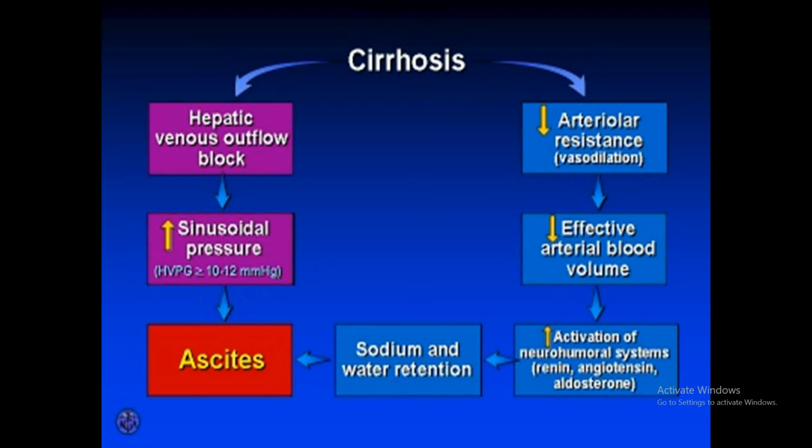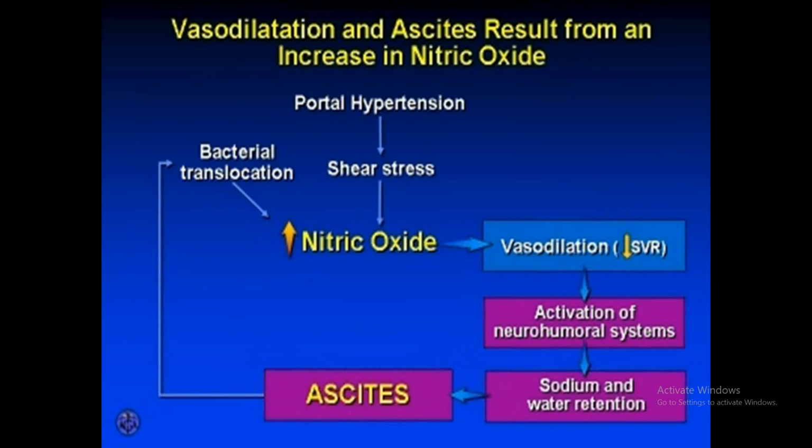Now, vasodilatation and ascites result from an increase in the nitric oxide. The portal hypertension will cause the shear stress and nitric oxide will increase, and it can cause many problems. Vasodilatation, activation of the neurohormonal system, sodium and water retention. It is one theory, it is nitric oxide which is responsible.